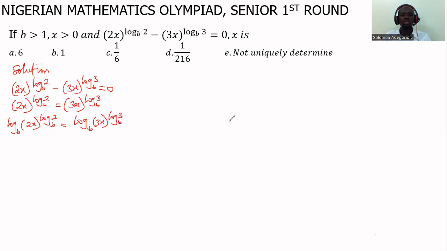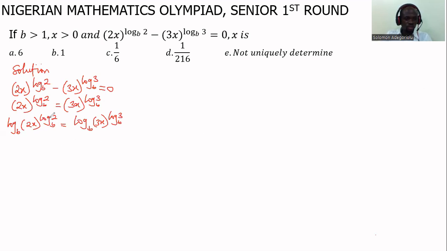Remember, one of the rules or laws of a logarithm states that when you have log a raised to power b, the b can come to the back of this logarithm, and it becomes b log a. I hope you can remember that. So take note of that. We are going to apply this law to continue with the question.